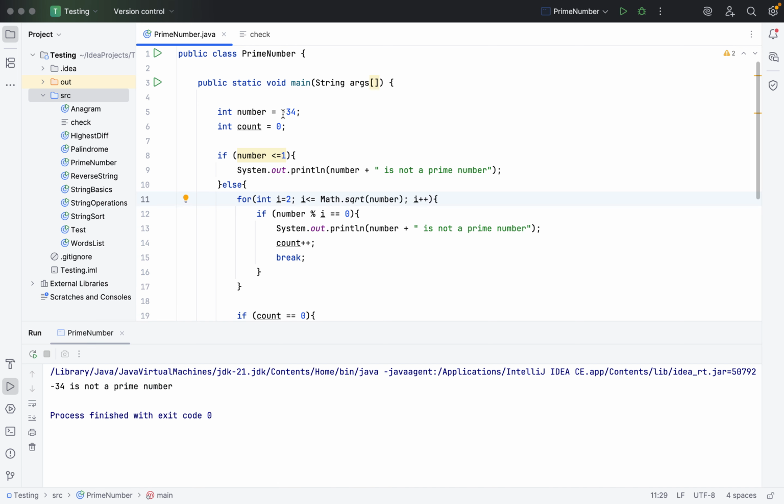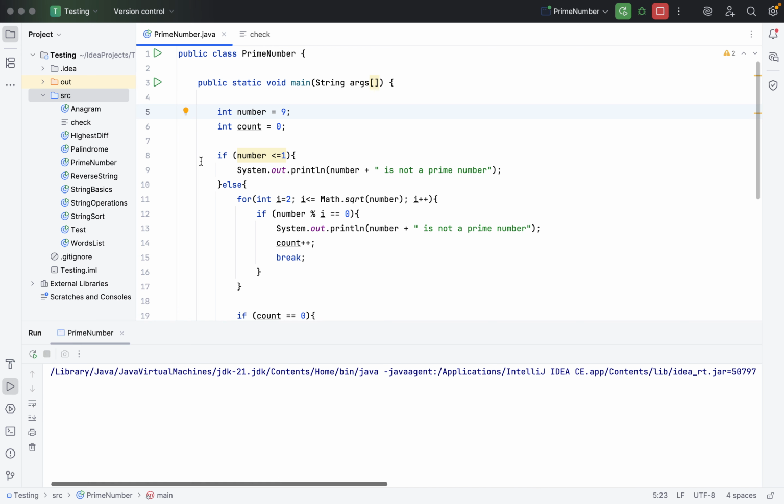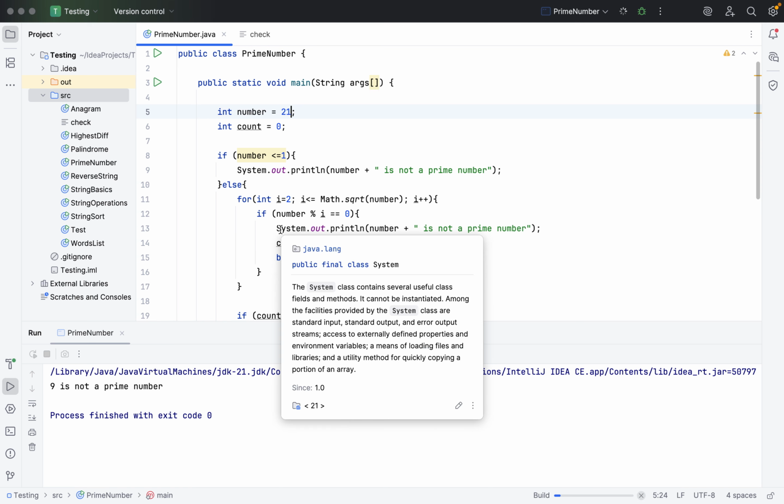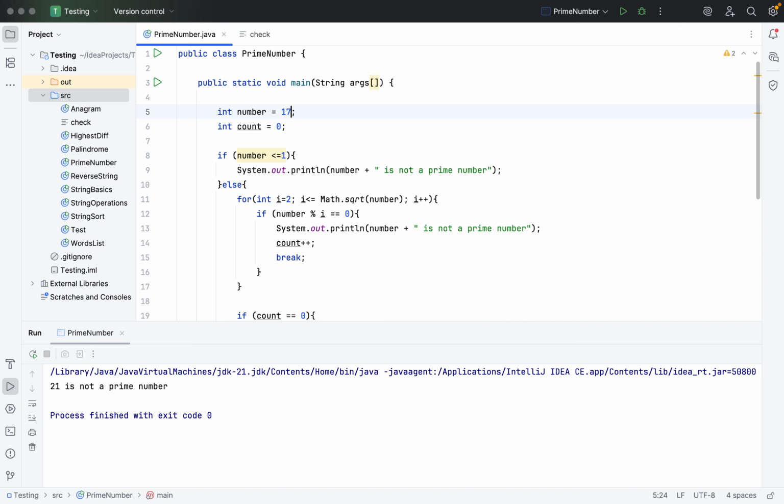Let's consider other numbers. 7 is a prime number. 9 is not a prime number. Let's say 21 is not a prime number. Let's consider 17, which is a prime number.